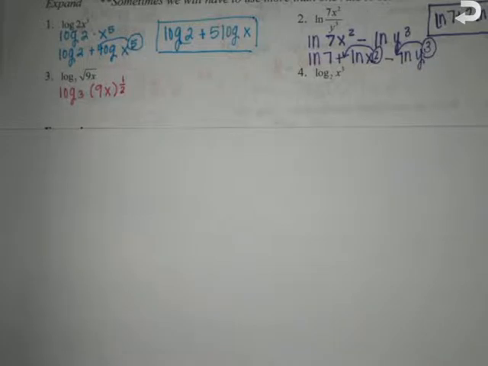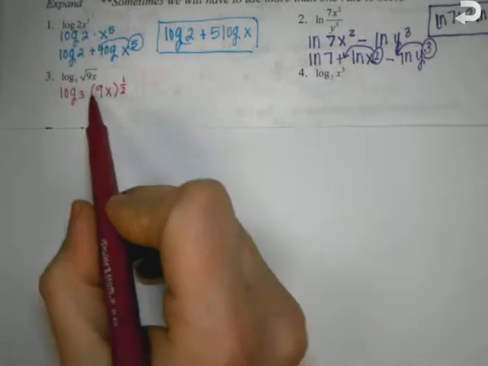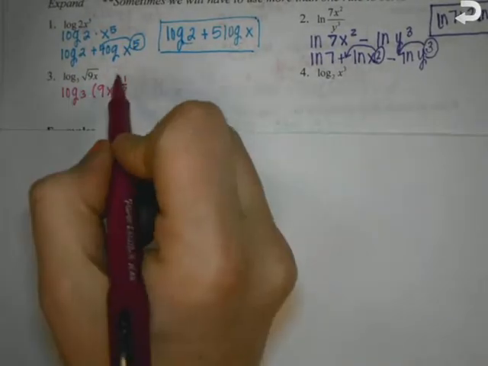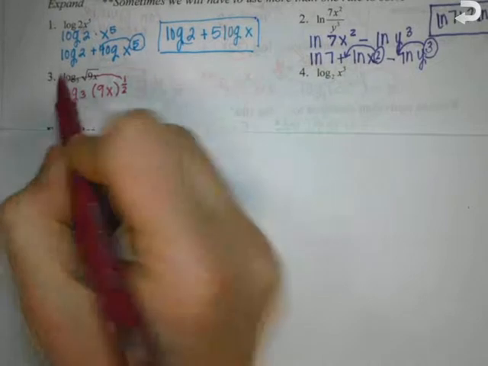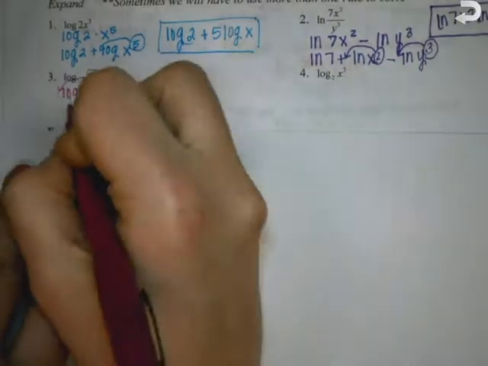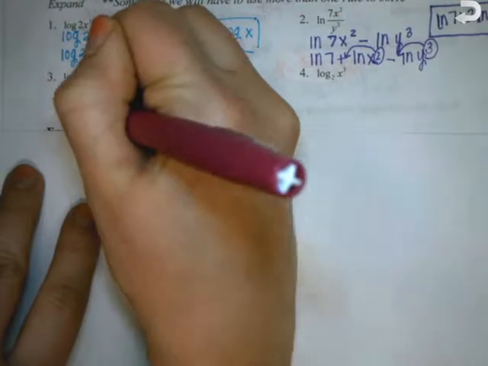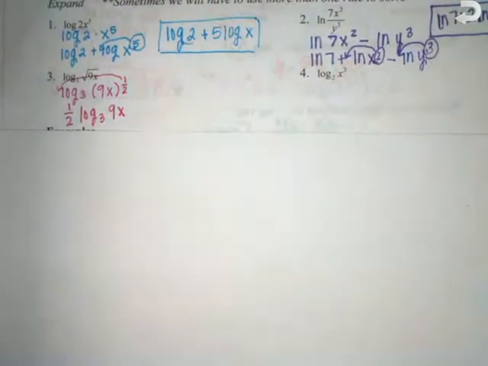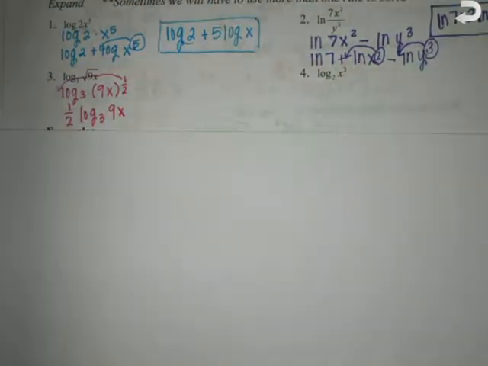Okay, guys. So that 1/2, is it attached to just the 9, just the x, or the whole thing? It's the whole thing. So before we can do anything, we have to bring that 1/2 out to the front, right? So that's going to give me 1/2 log base 3 of 9x. Now, can I split up that any further? Yes, I can.